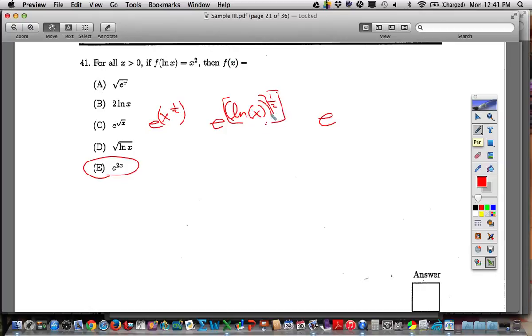Oh yeah, I had it right first. Okay. All right, so start over. So this would be e, and now in place of the x, I'll put ln x to the 1/2. Okay, so this is that right there.